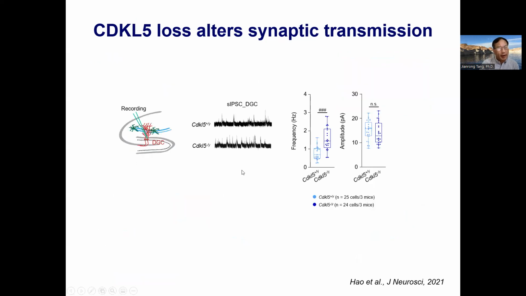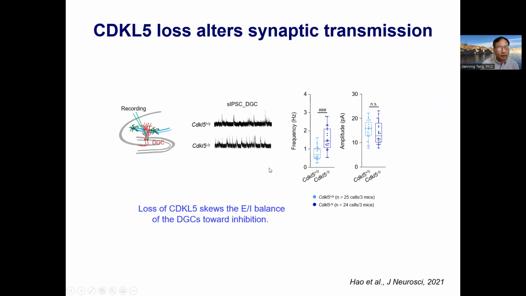So she directly recorded the sIPSC in the dentate granule cells. And as we expected, she found that the sIPSC frequency is increased after CDKL5 loss.